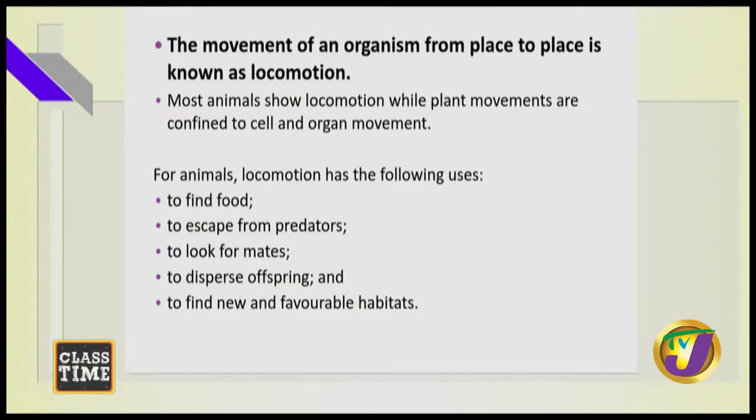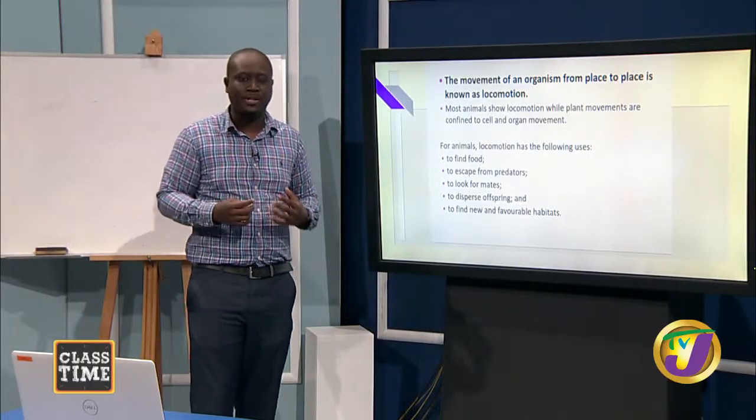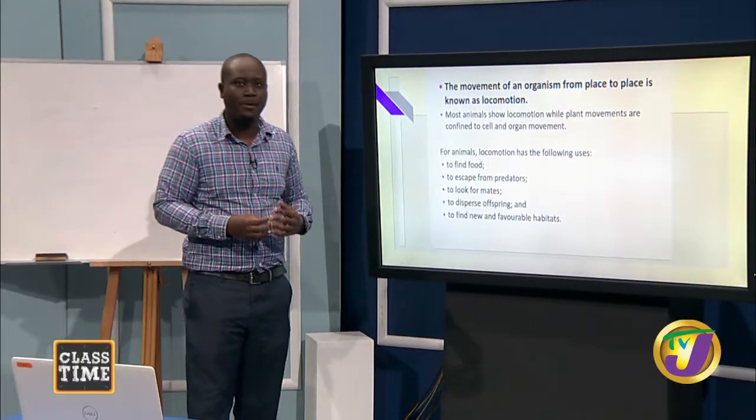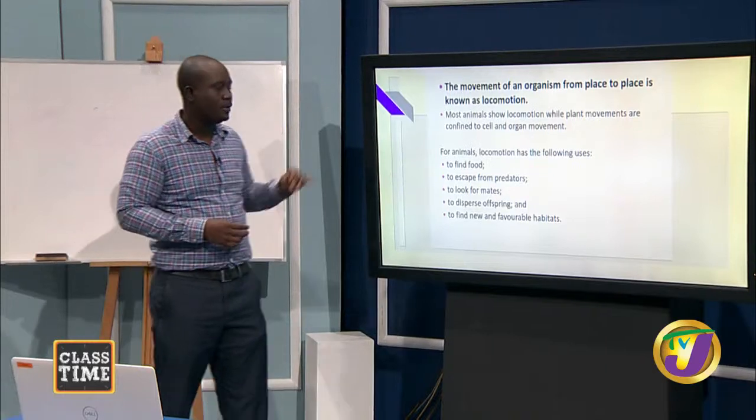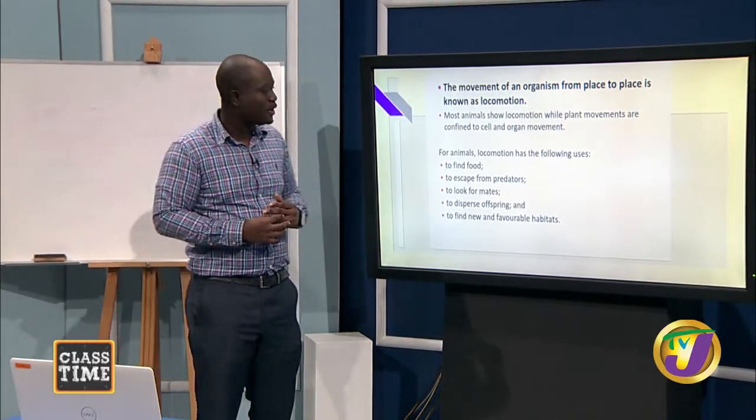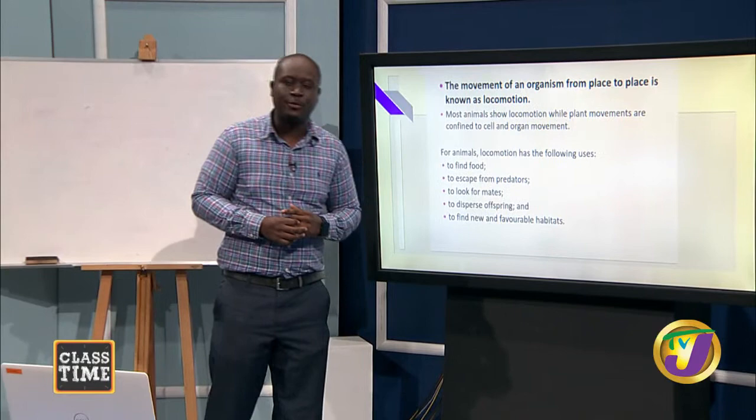And so you have locomotion occurring in animals, and movement occurring in plants. Yes, plants can move. I know it might sound strange, but plants do undergo movement. But they do not undergo locomotion. Now, what are some of the importance of locomotion?